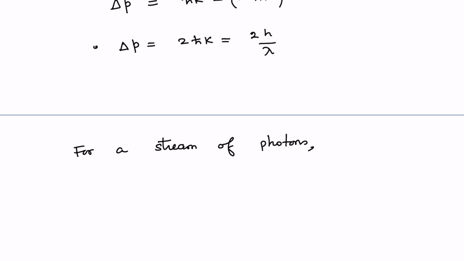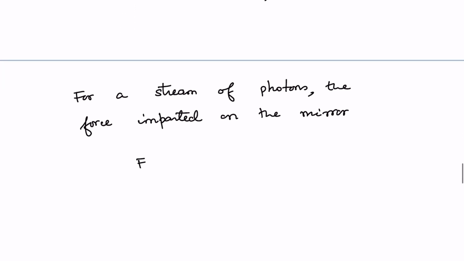For a stream of photons, the force imparted on the mirror is going to be F equal to the rate of change of momentum, that is the change in momentum divided by the time. That was for a single photon, but it is a stream of photons, so let's say there are n photons. Let me write here n photons.